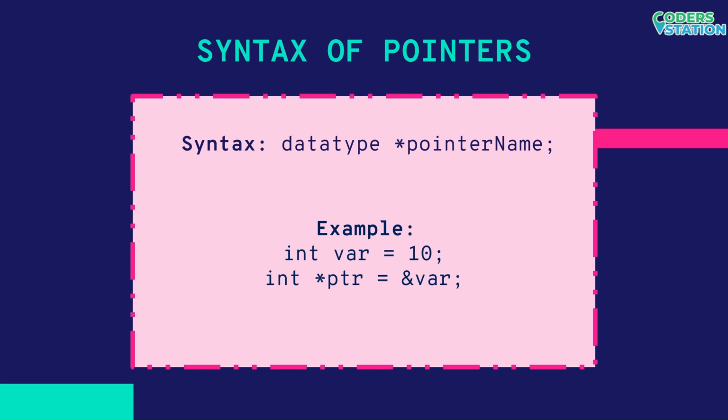Here &var gets the address of var and ptr is a pointer that stores this address. This means ptr points to var. We have declared int *ptr = &var, so the value which ptr will be storing is the address of the var variable. Using the ampersand symbol, you can store the address of the var variable.